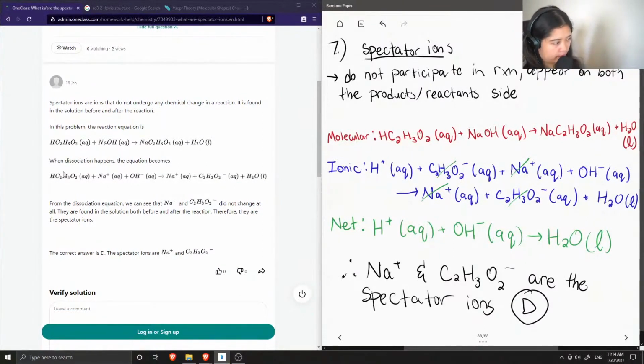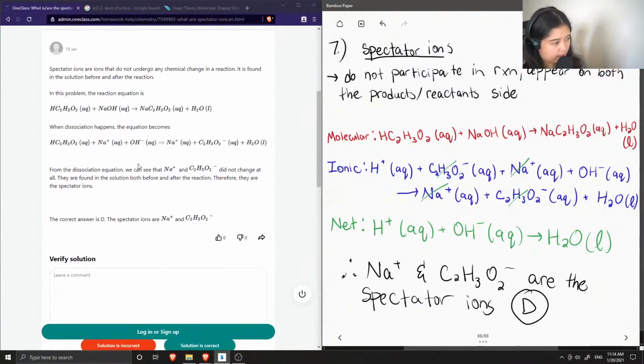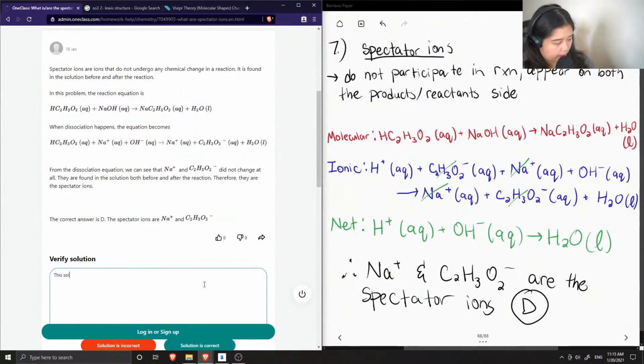So I think they forgot to write this part in its ionic form. But still they saw that Na plus and C2H3O2 minus did not change at all. They are found in the solution before and after the reaction, therefore they are the spectator ions. So this solution is correct.